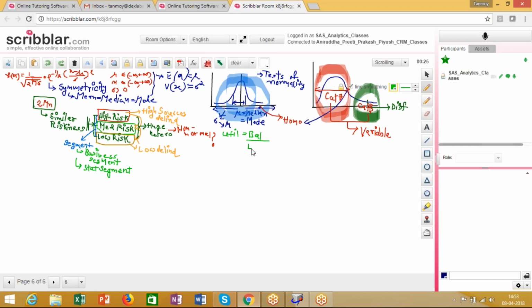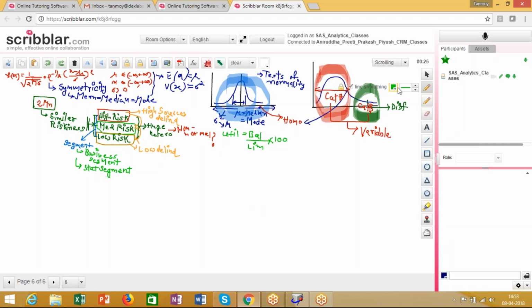So utilization rate is balance by limit into 100.